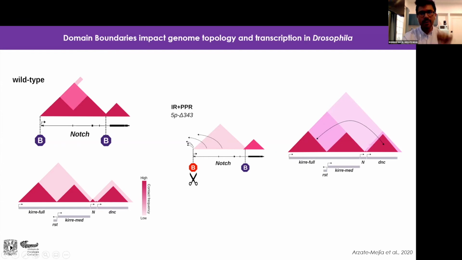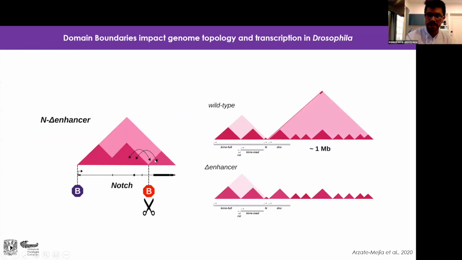So our work actually provides direct evidence that manipulation of the boundaries, as for example for the 5' region of Notch, was not just sufficient to induce the fusion of Notch specifically to the region upstream. It also provides evidence that it can affect the transcription of this gene, and the deletion of the enhancer inside Notch that was also acting as a boundary not just resulted in the fusion of the domains within, but also in the major loss of a huge domain downstream, which also affected indirectly the transcription of the genes inside.